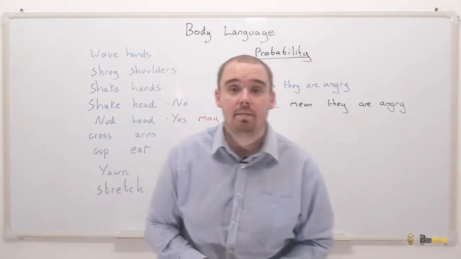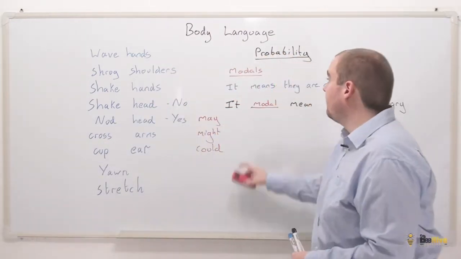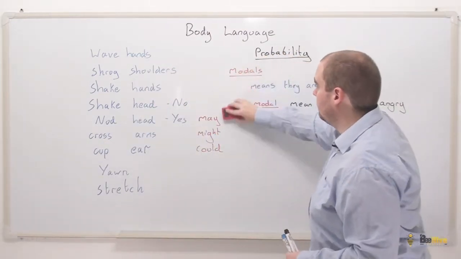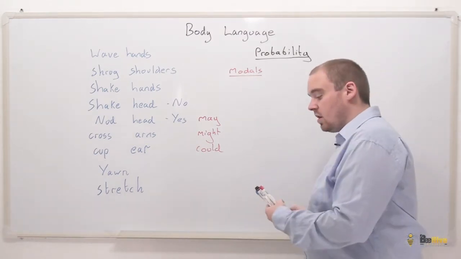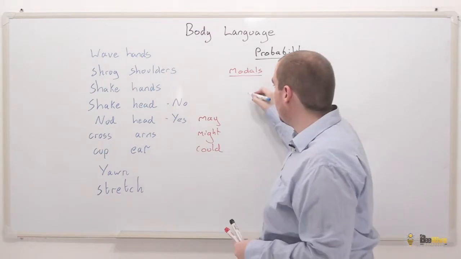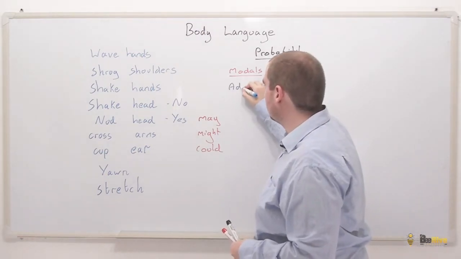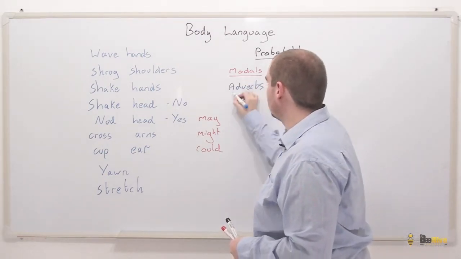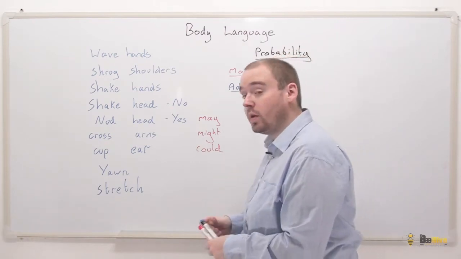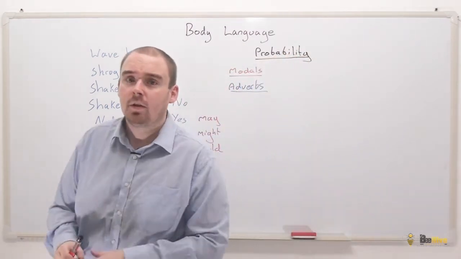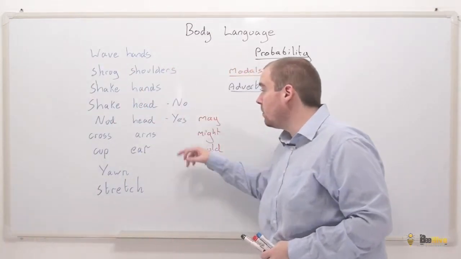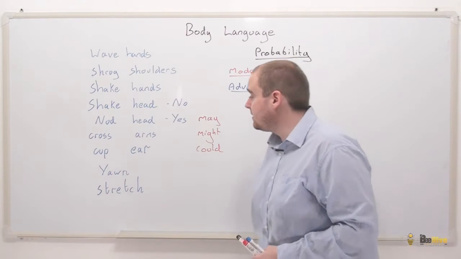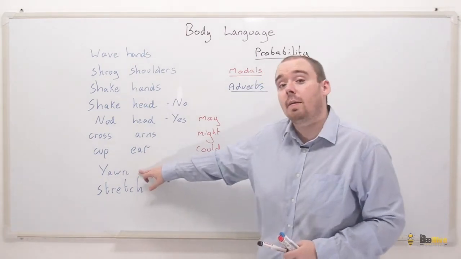The other time we use a different type of probability is in the past tense. We use adverbs. Okay, so let's try this again. I'm going to use a different one, and I say we'll use yawn this time.